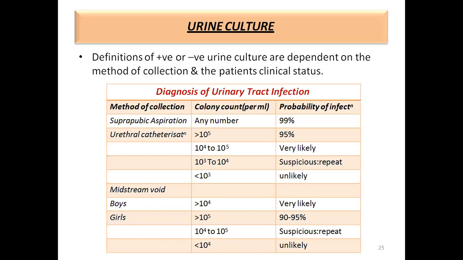If it's between 10 to the power 4 and 10 to the power 5, it's likely that it is there. 10 to the power 3 to 10 to the power 4 is suspicious, and we need to repeat the culture. And if it is less than 10 to the power 3, then we can have the result as negative. Whereas with the midstream void method, in boys it should be more than 10 to the power 4, and in girls, more than 10 to the power 5.